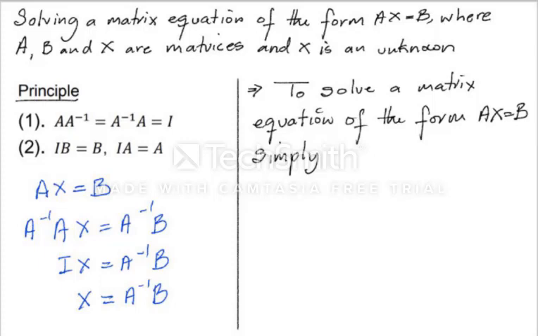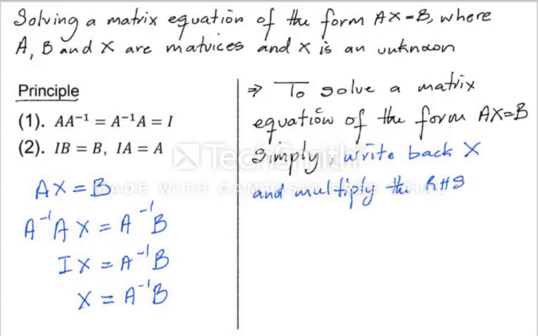Therefore, to solve a matrix equation of the form AX is equal to B, simply write back X and multiply the right hand side by A inverse.